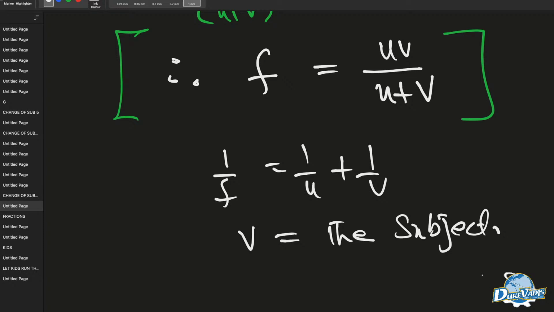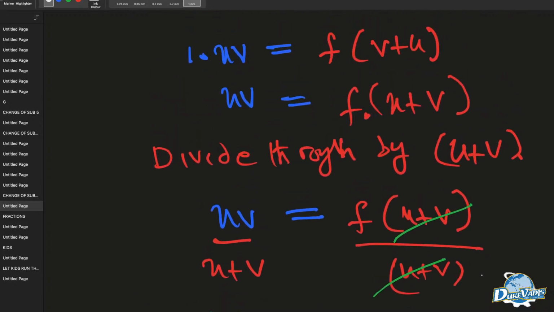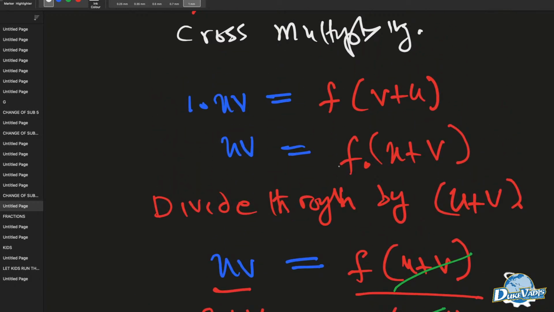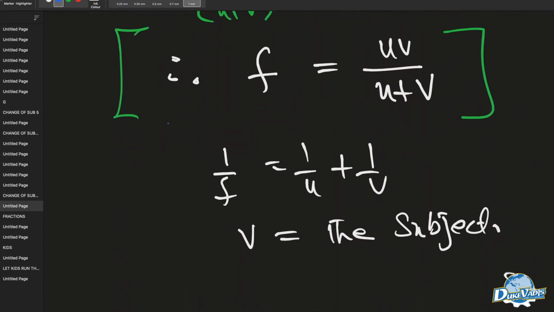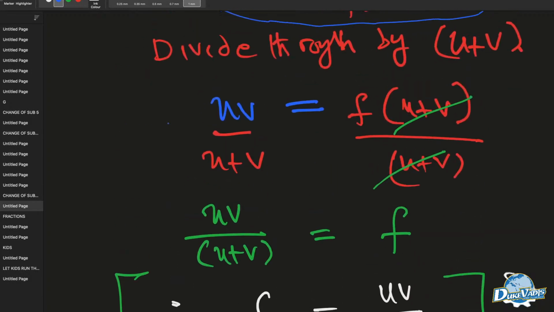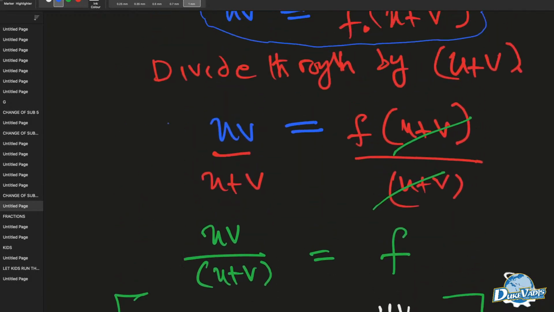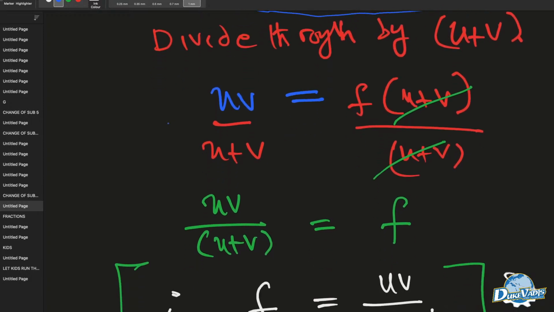Because when we look at the place where we had uv, this very place, let me mark this one. Yes, this place we had this. So we can say that as we multiply through by uv, we had uv to be equal to f into bracket u plus v.